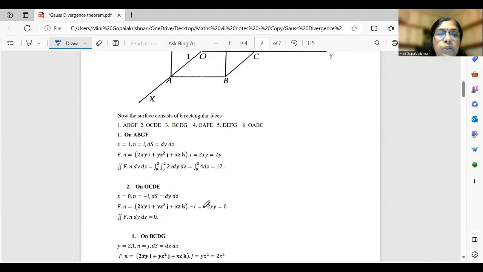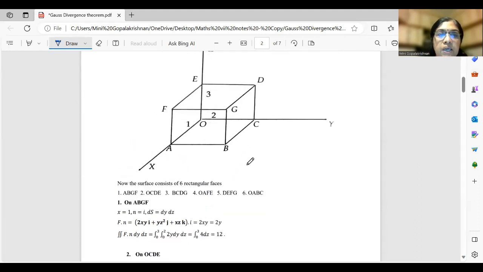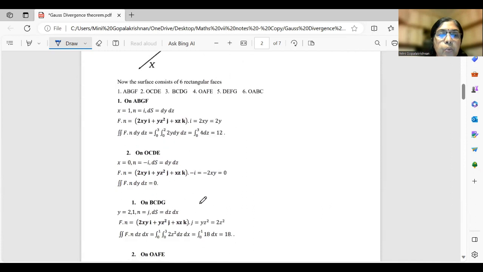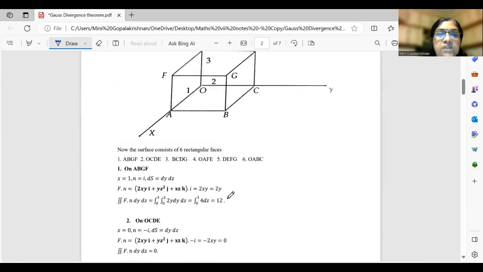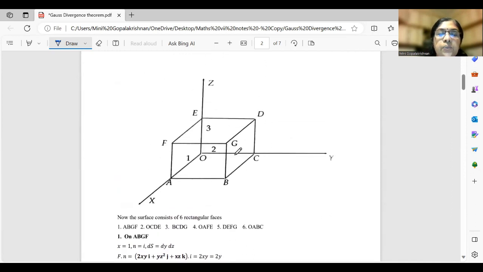Okay. Now moving to the third face, BCDG. BCDG will be this right hand side face, and you can see that the vector coming out from here will be the vector j. So your n, the unit vector coming out, will be j, and everywhere along this face you will have your y coordinate maximum.